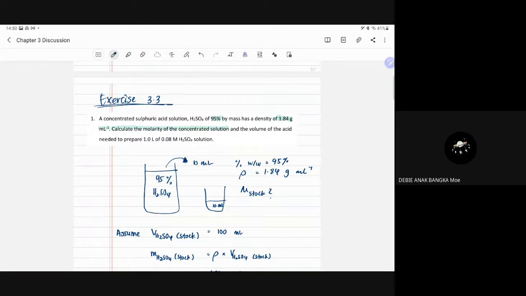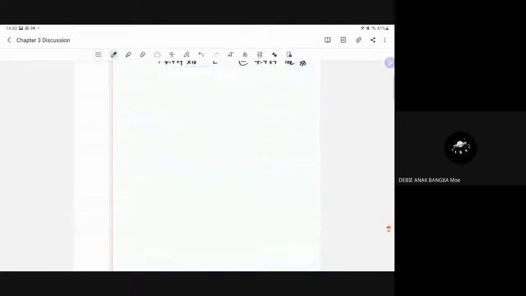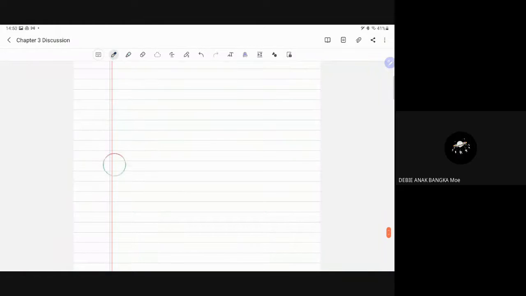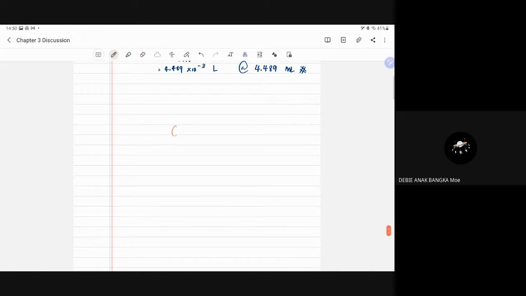So daripada sini kita boleh buat assumption lah bila soalan macam ni. Dan macam mana nak tahu bila kita nak pakai assume ataupun tidak. Kalau dia bagi tahu percentage by mass, nak tukarkan percentage by mass kepada molarity, kita boleh pakai assume. Kalau dia bagi tahu molarity, nak tukar kepada percentage by mass, pun kita boleh pakai assumption juga. Sebab kita kena ingat, okay, concentration, in case you forgot, concentration terbahagi kepada dua.